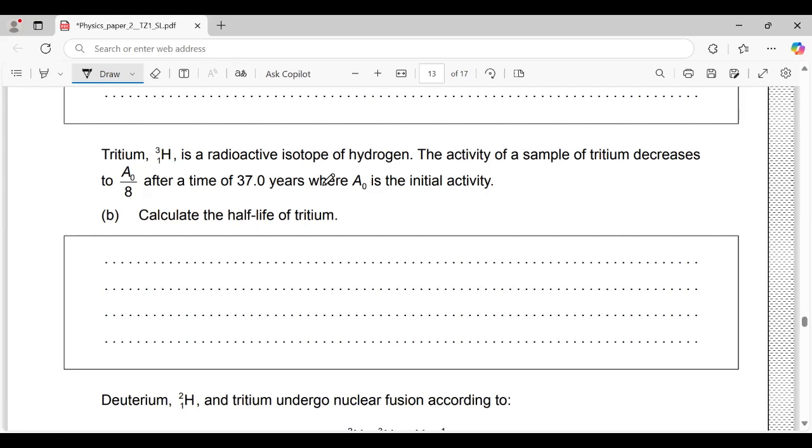Okay, so the activity decreases to 1 over 8, or half cubed, which means 3 half-lives.